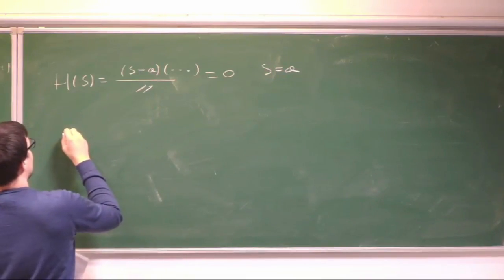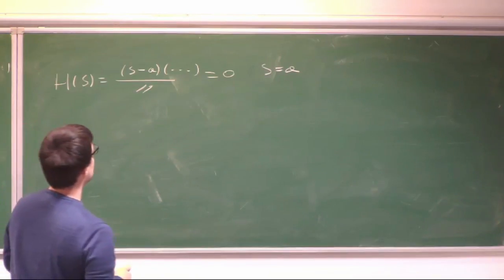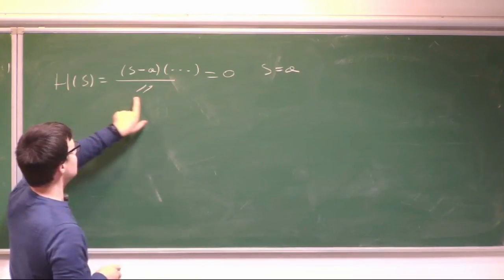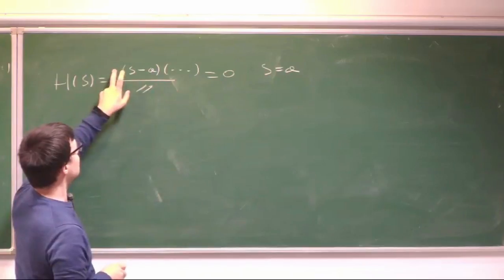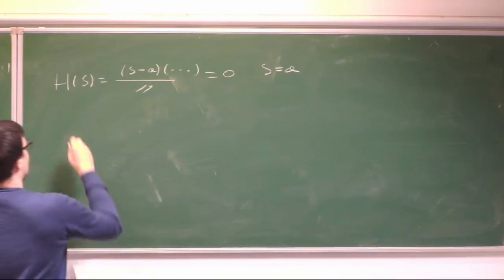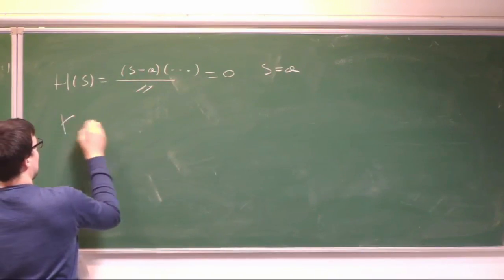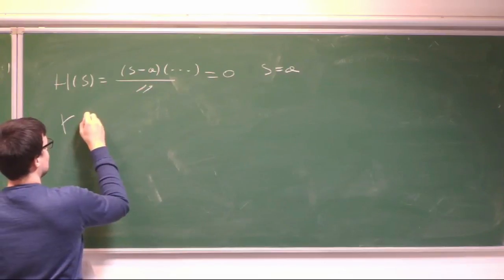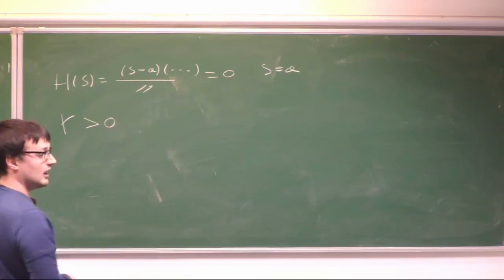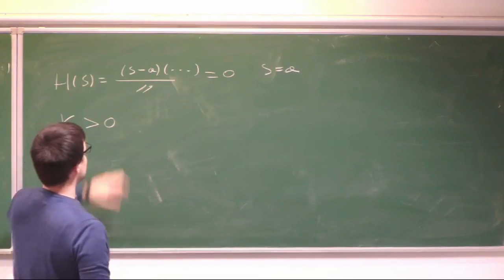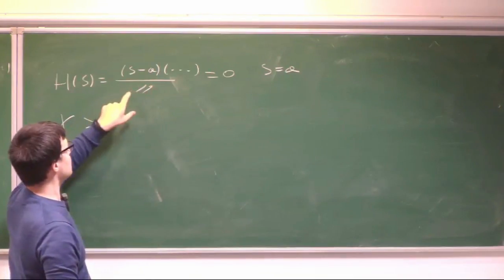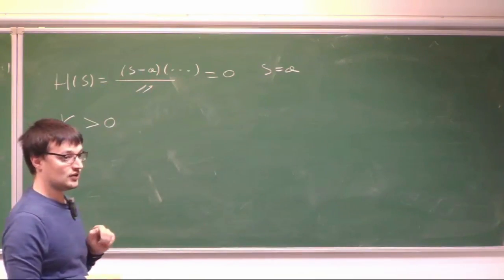You know that the relative degree is the difference between the degree of the denominator and the degree of the numerator, okay? Now let's call the relative degree r, and let's say that r is greater than 0. What does it mean? It means that the degree of the denominator is greater than the degree of the numerator.